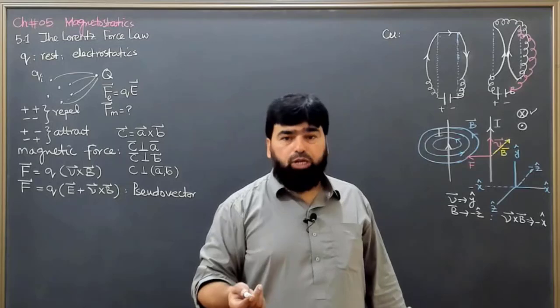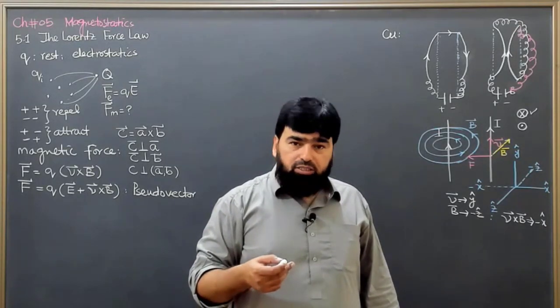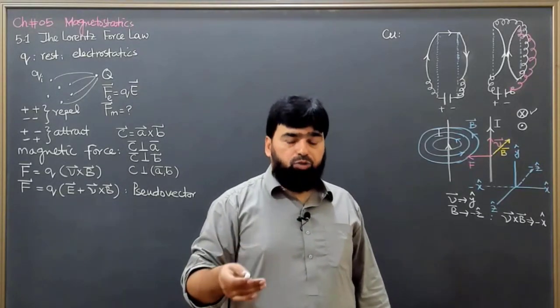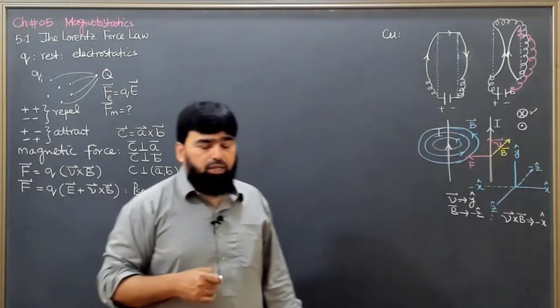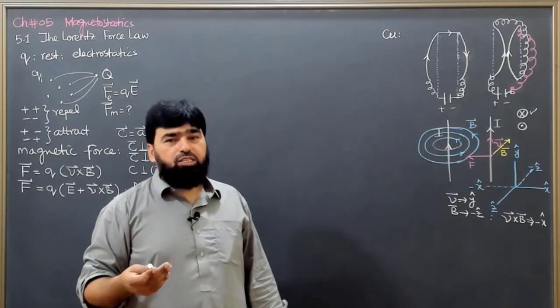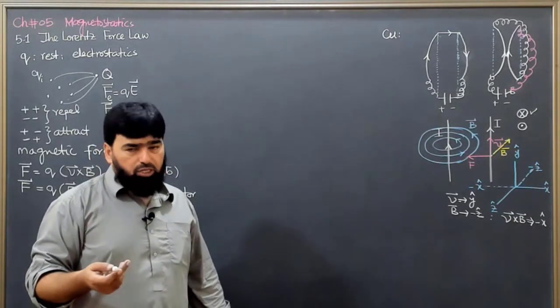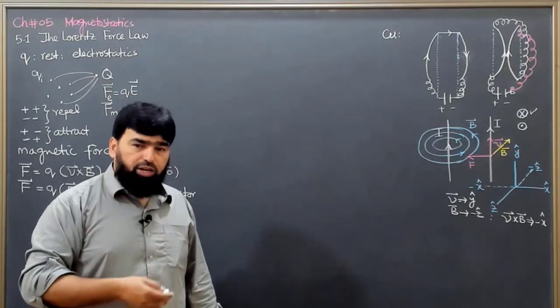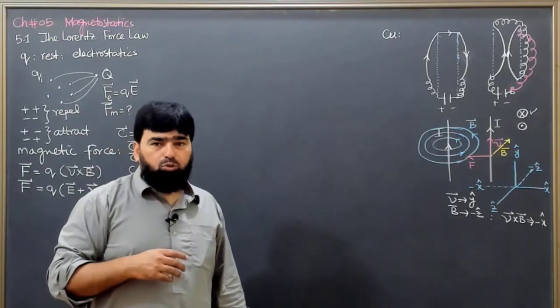When we say pseudo-vector, pseudo-potential, pseudo-function, it means a vector does not satisfy all the criteria for vectors, but it behaves like a vector, then we say that it is a pseudo vector. Similarly, a potential or a function, when it is not fulfilling all the criteria of a function, we call it a pseudo function.